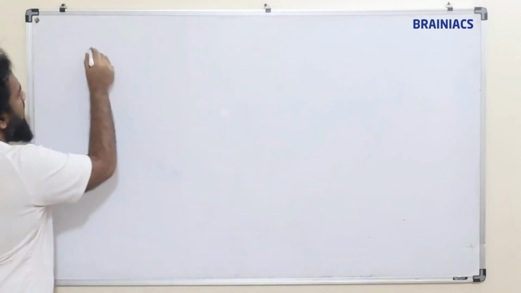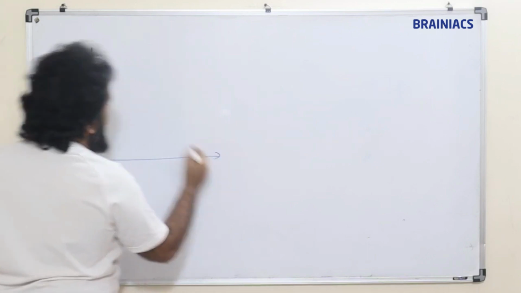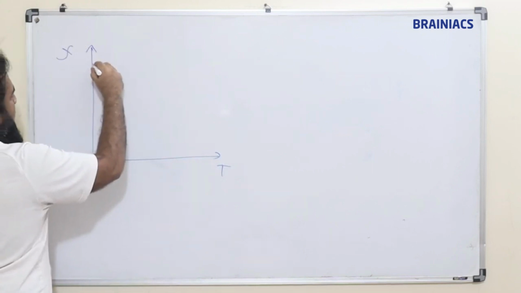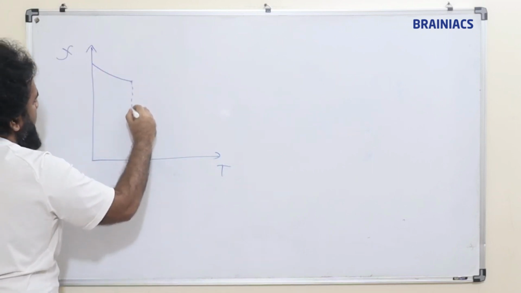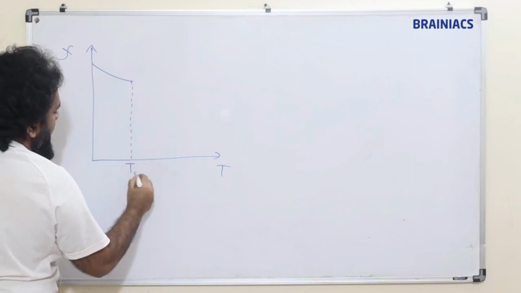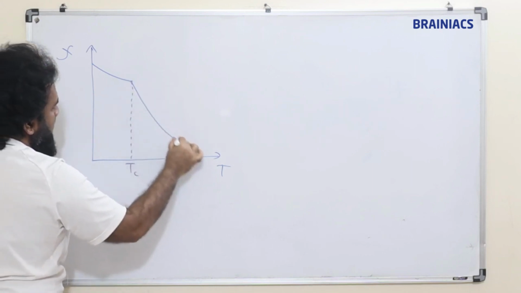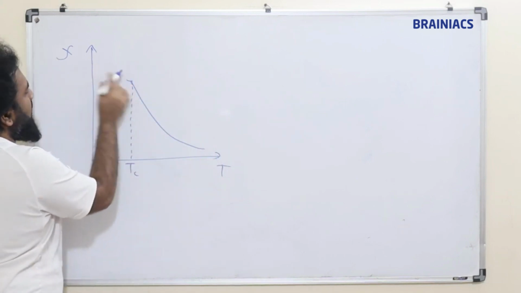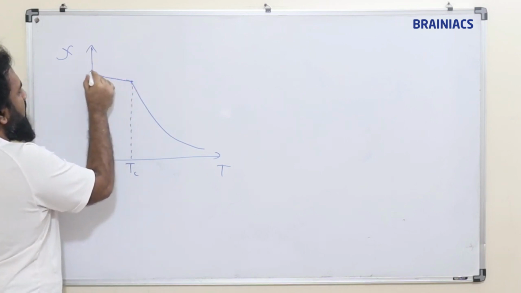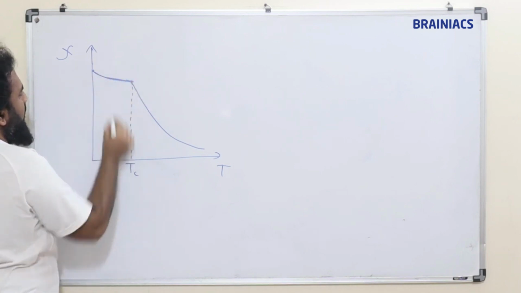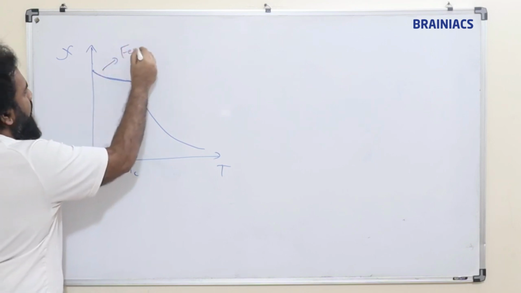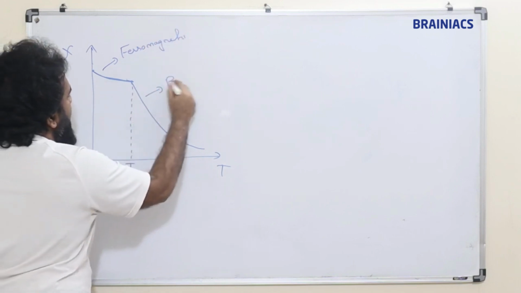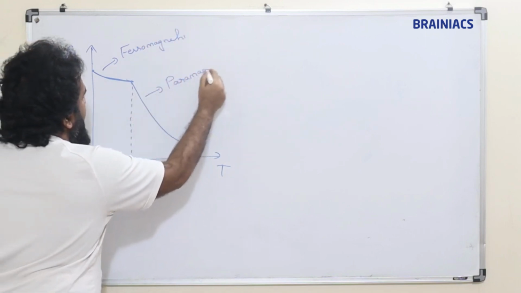In ferromagnetic, susceptibility will come like this. At this point is the Curie's temperature. Till this point it has ferromagnetic property. From here onwards, it has paramagnetic nature.